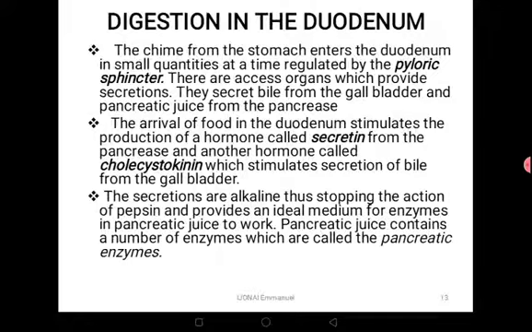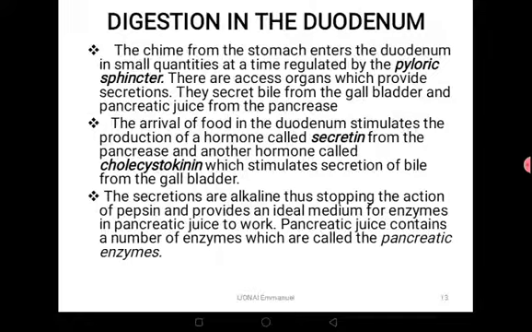So there are accessory organs which provide secretions. Which organs are associated with the duodenum? We're talking about the liver, the pancreas, the gallbladder. They secrete the bile from the gallbladder and pancreatic juice from the pancreas. The word pancreas does not have E at the end. It's a typing error there, so you correct.